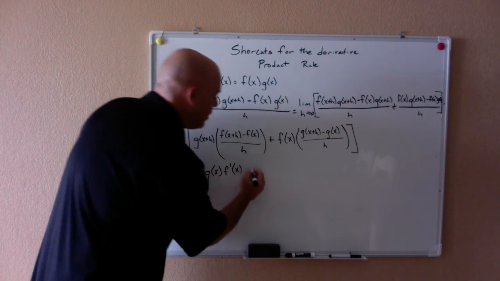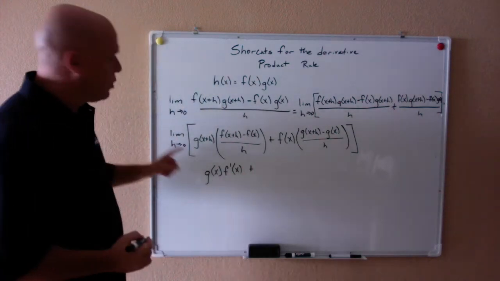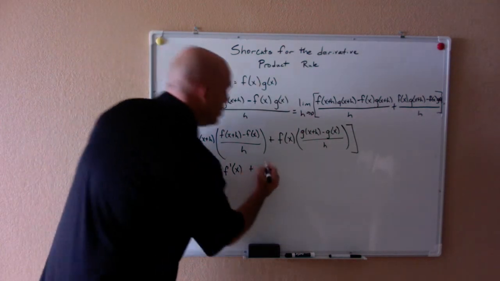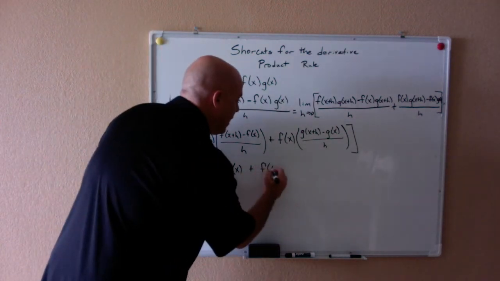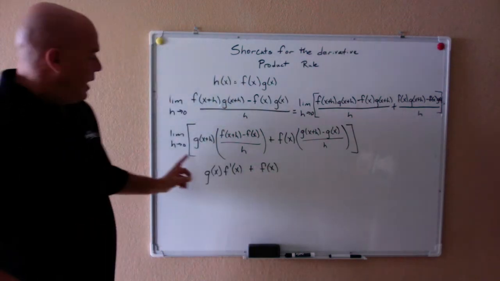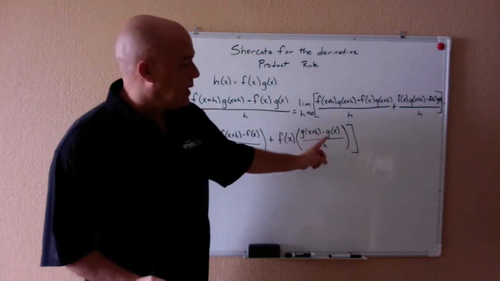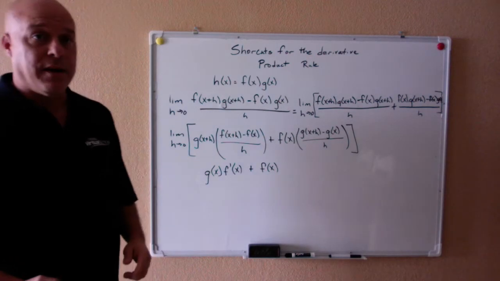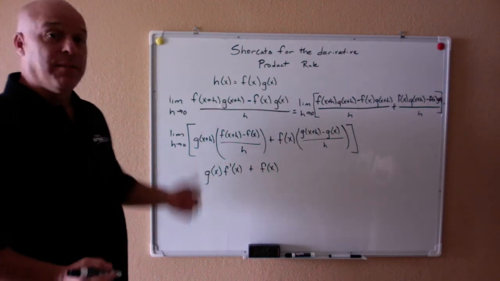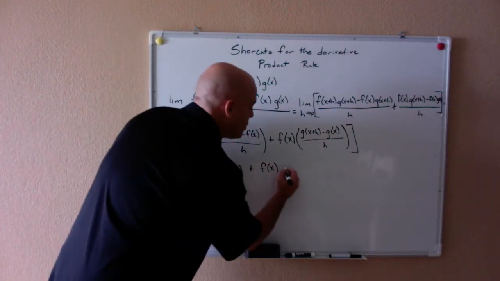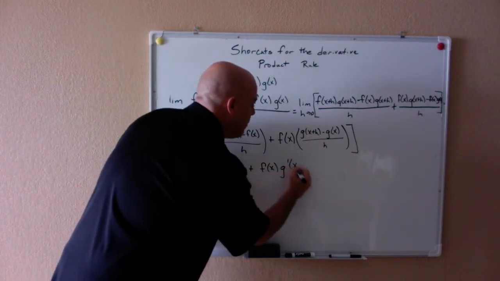Then I go to the next term, and I have the limit as h goes to 0 of f of x. There's no h there at all, so I can just leave that as f of x. And for the last piece, I have the limit as h goes to 0 of g of x plus h minus g of x, all divided by h as well. That's the limit definition of the derivative of g, so this is going to be g prime of x.